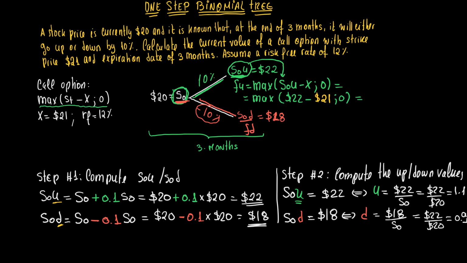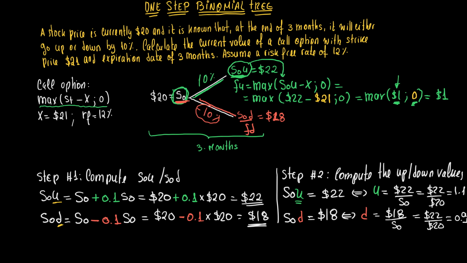This gives the maximum between $1 or not exercising and receiving 0. Between exercising the option and receiving $1 profit, and not exercising and receiving 0, of course I prefer to exercise. So it pays off $1.